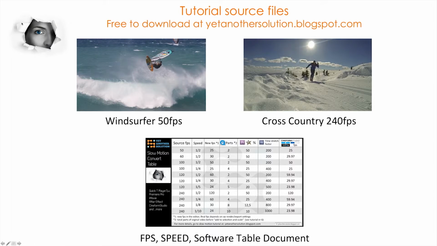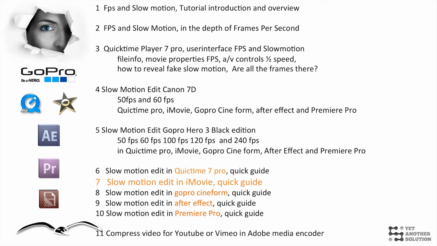If you need some source files, some 50 or 240 frames per second, just to play around with in iMovie or maybe another editor you want to test, you're free to download them at yetanothersolution.blogspot.com. And as told, you can also download this convert table. I hope you find this convert table useful.